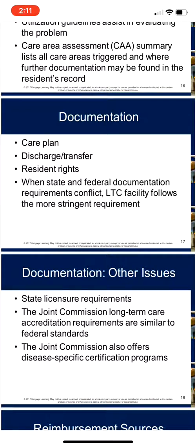And let's move down to state licensure requirements. The scope and intensity of state long-term care licensure requirements vary. In some states, the need for specific documentation above and beyond the content of federal regulations is extensive, whereas in other states, the focus is less stringent.